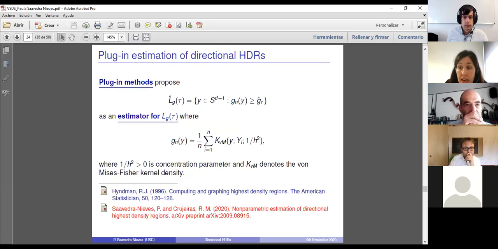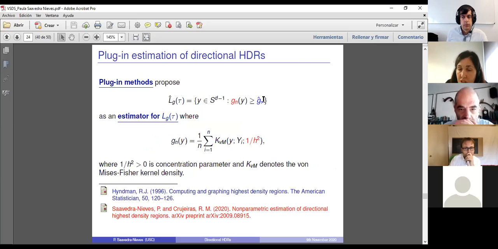Extending the plugin estimation in the Euclidean space to the directional setting, we propose to estimate the highest density region in this way. We replace only the directional density g by g_n, a kernel density estimator, and the threshold by a corresponding estimator.